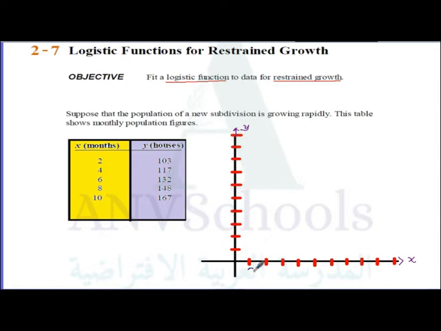My x values are in increments of 2 per grid: 2, 4, 6, 8, 10, 12, 14, 16, 18, 20, and x is in months. While our y values are the number of houses built in the subdivision.